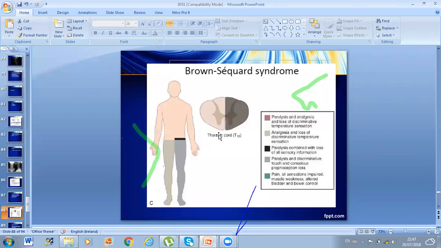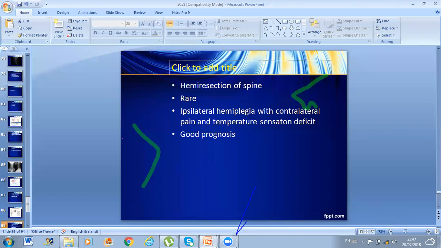And proprioception of the ipsilateral side. Yeah, but at the same level. I will just read. At the same level. Pain and temperature is more important. Ipsilateral hemiplegia with contralateral pain and temperature sensation deficit. Okay, remember this. Hemisection of the spine, it is rare, and there is ipsilateral hemiplegia with contralateral pain and temperature sensation loss. Yes, one level below, and it has a very good prognosis.